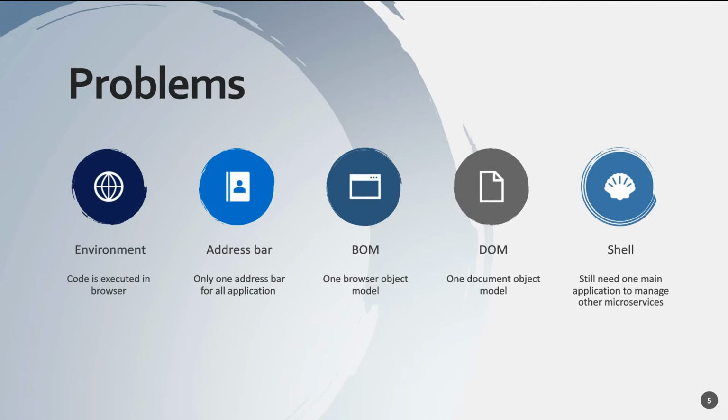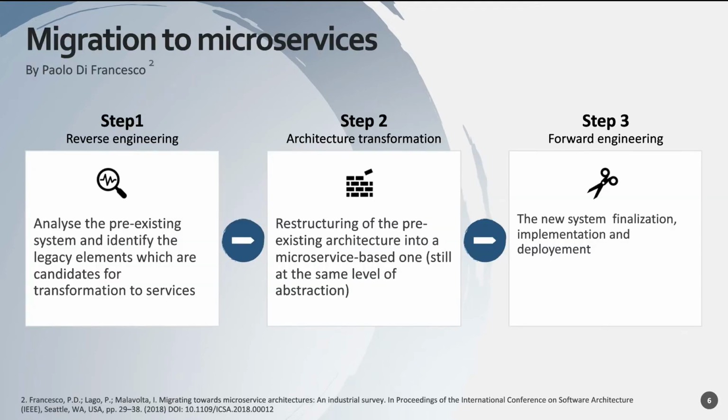Let's go back to microservices. There are a lot of works and articles about system reengineering, but we will be interested in Paolo Di Francesco's article about migration to microservices, inspired by the Horseshoe model of system reengineering by Kazman. He describes the migration in 3 steps.